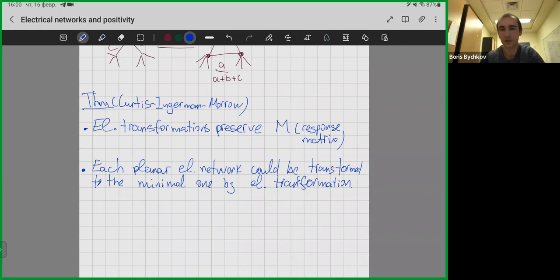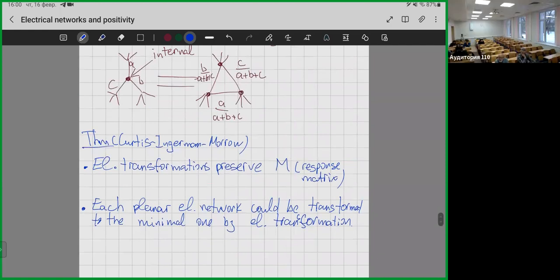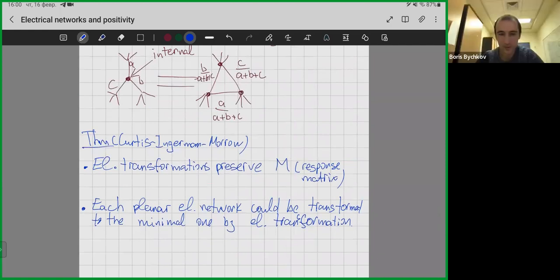So the medial graphs generate the same, so some combinatorial description of this statement. Maybe I'll skip it because it doesn't matter for the future. Okay.